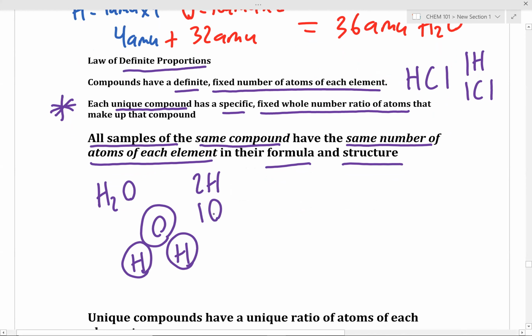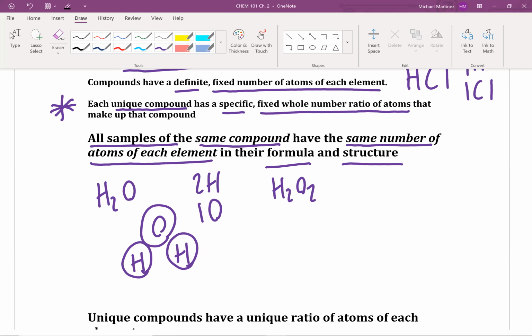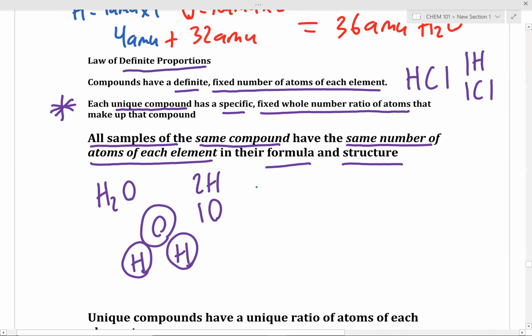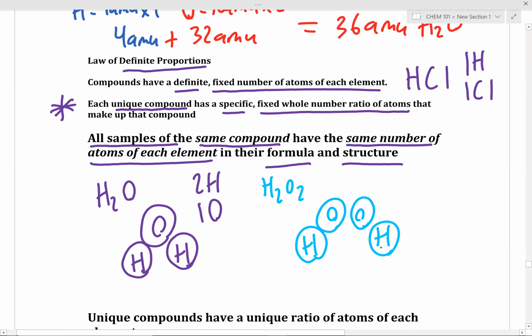Now, looking at another compound, H2O2, and let's break out a different color for that, just to showcase the difference. H2O2. In this case, we have how many hydrogens? 2.